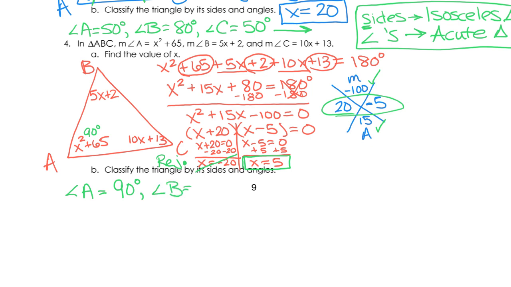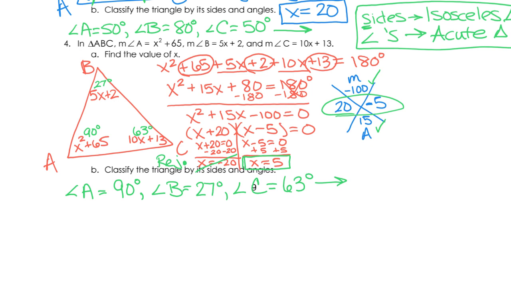Angle B is 5 times 5, which is 25, plus 2, which is 27. And angle C is 10 times 5, which is 50. And 50 plus 13 makes this angle 63 degrees.